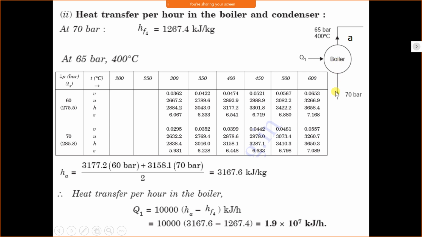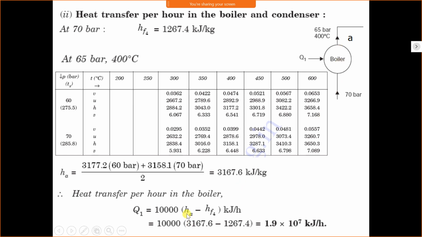Therefore, the enthalpy of subcooled water is taken as hf. At 70 bar, the value of hf from the steam table is 1267.4, and the enthalpy at this point we have calculated.